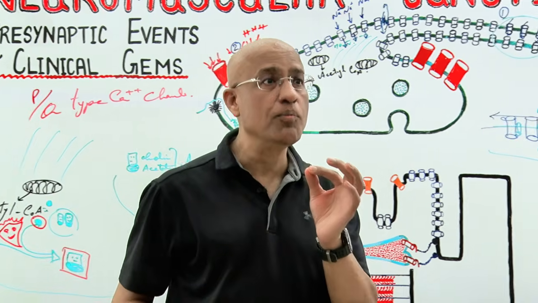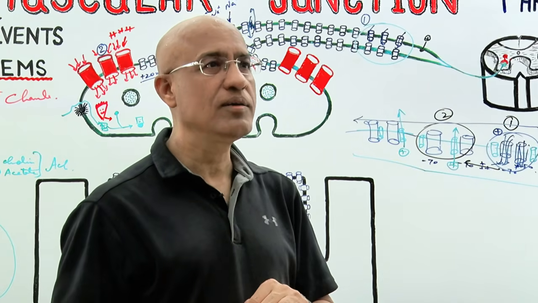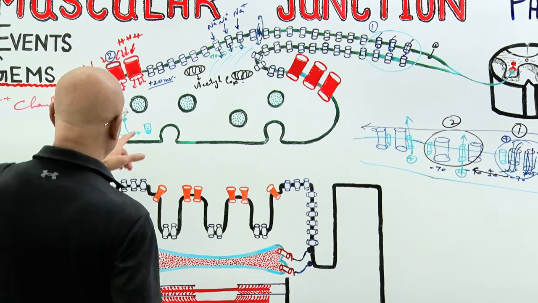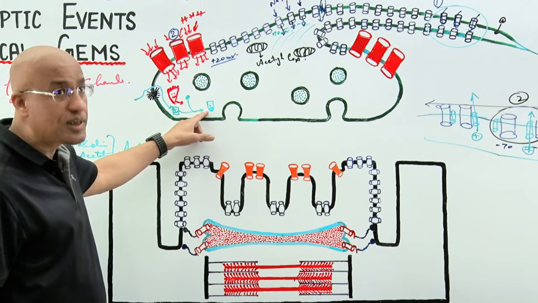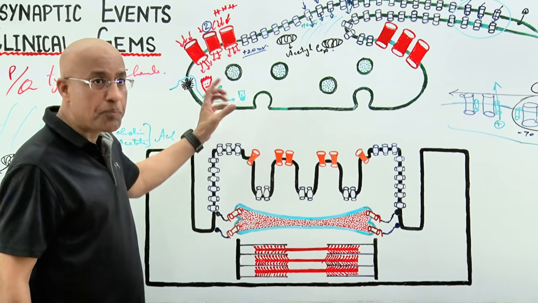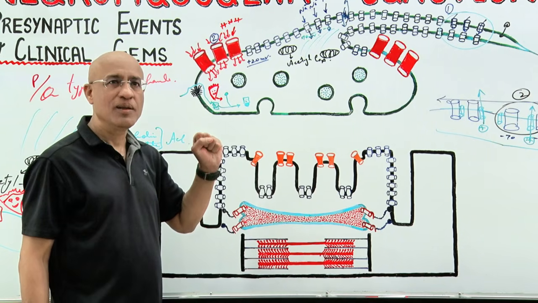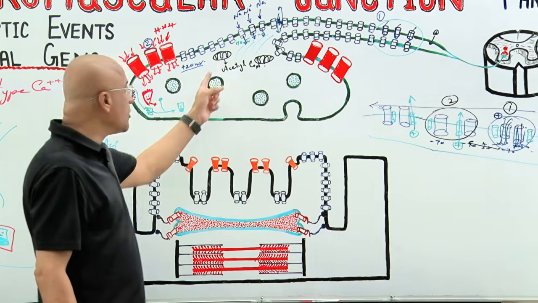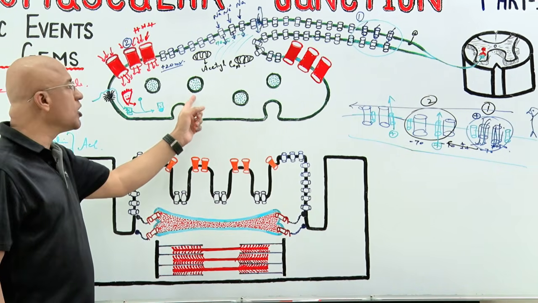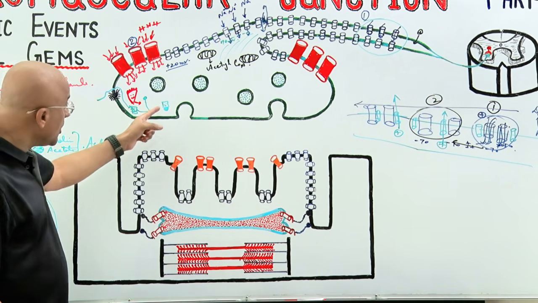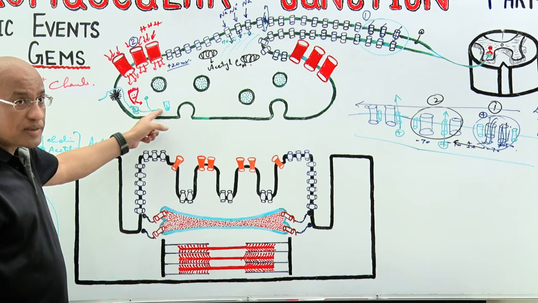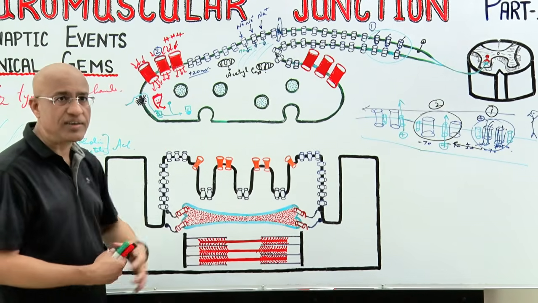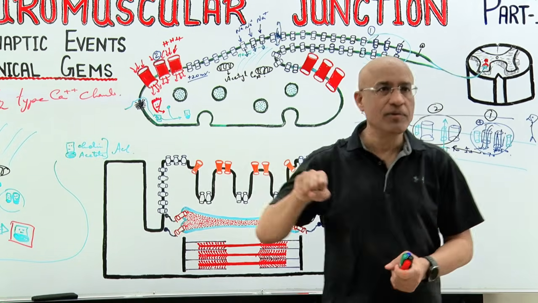This is a very valuable substance here. It is a real chemical message. And if it is so important and valuable, it should not be left here. It should be properly packaged. So, the vesicles which came here from the soma know that there is acetylcholine in the cytosol, and as soon as it is synthesized, they will capture and take it up.